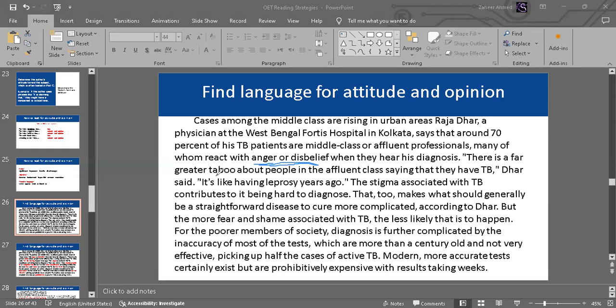Next one, taboo about people. The next one, stigma. And you see, Dar said. Okay. Then what else? According to, right? Fear and shame.